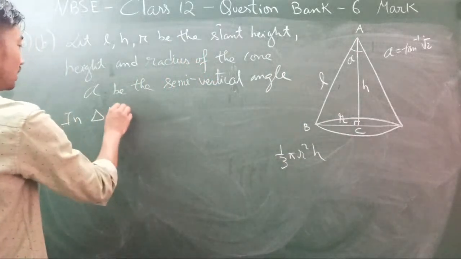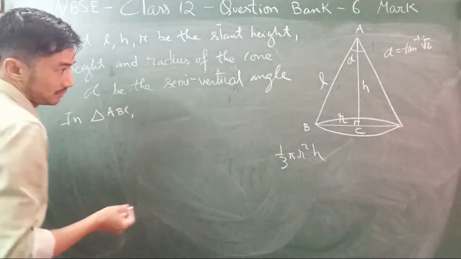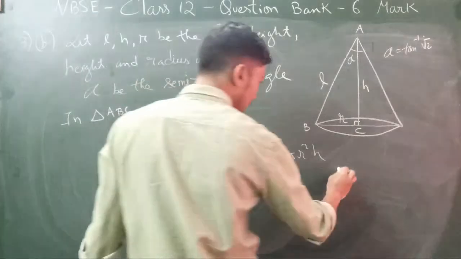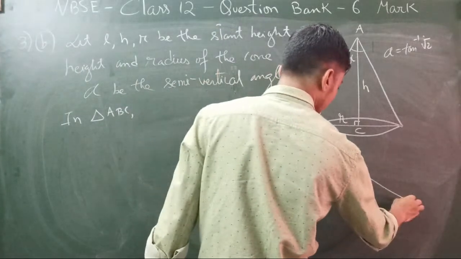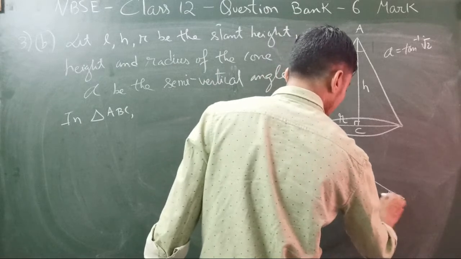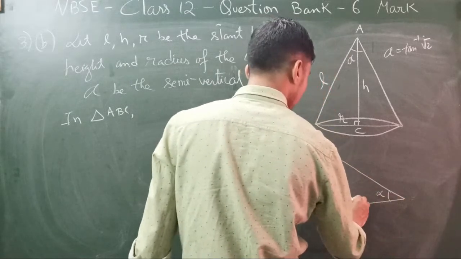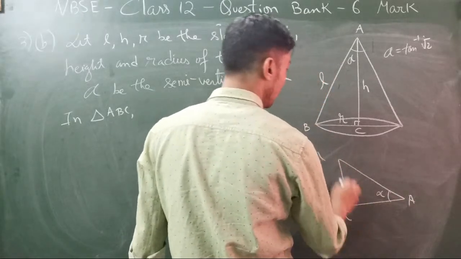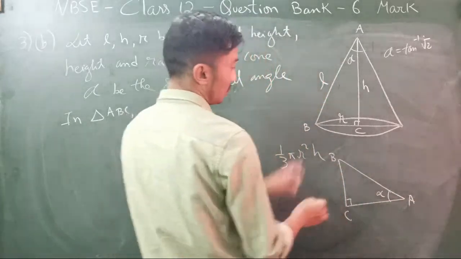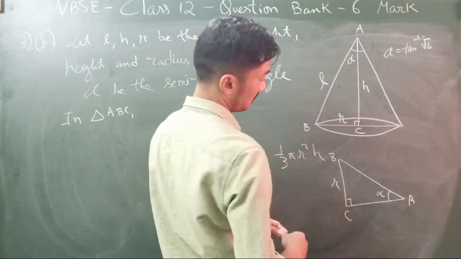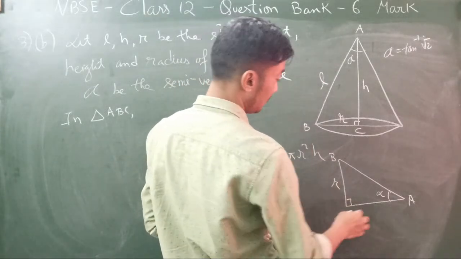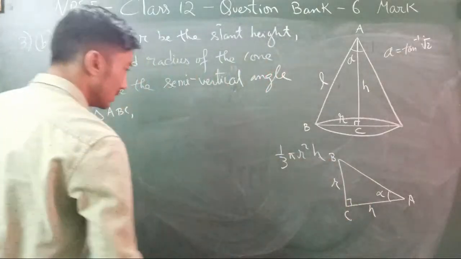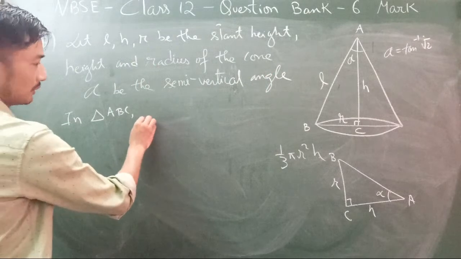So in right triangle ABC, I'll just show you, but most of you know it. Our right triangle is something like this. This is my alpha at A, this is perpendicular, this is C, and this is B. So BC is R, AC is H, and AB is L. I need radius and height, so I'll do it one by one.